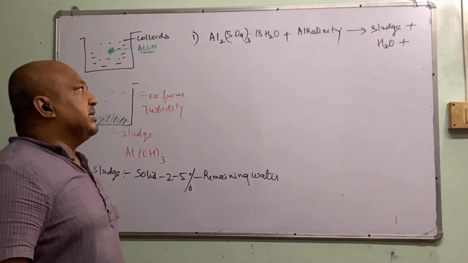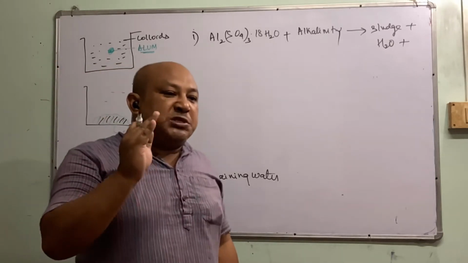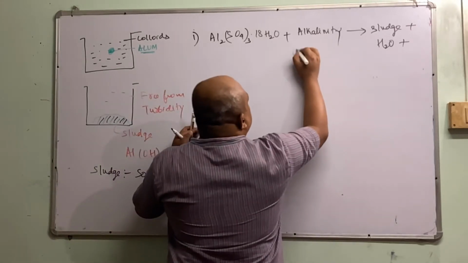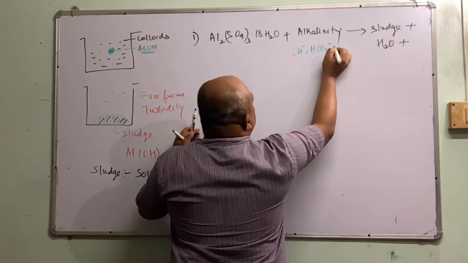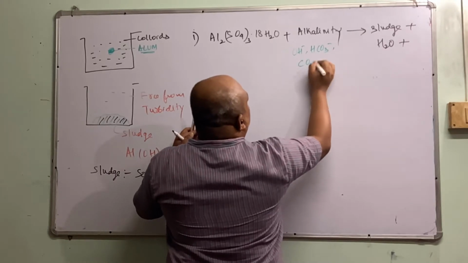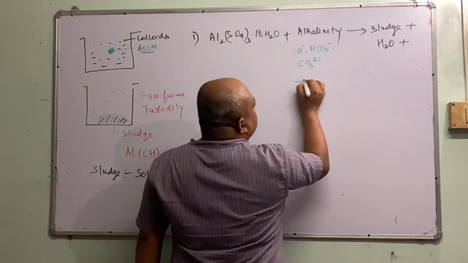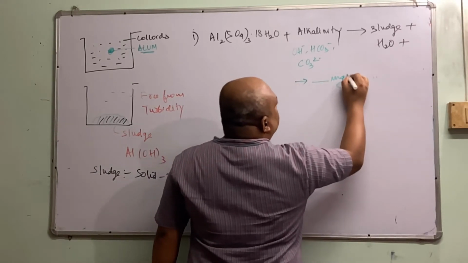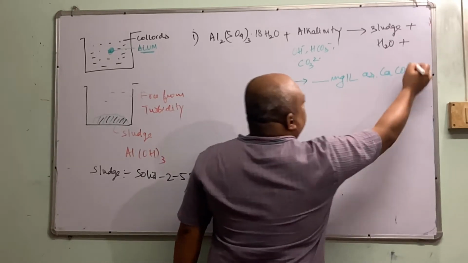When we say alkalinity, let me remind you there are three ions responsible for alkalinity. Remember, the first one is hydroxide, second is HCO3 minus, third is CO3 2 minus. And the unit of alkalinity is always in milligram per liter as calcium carbonate.